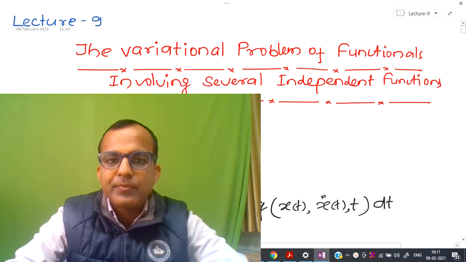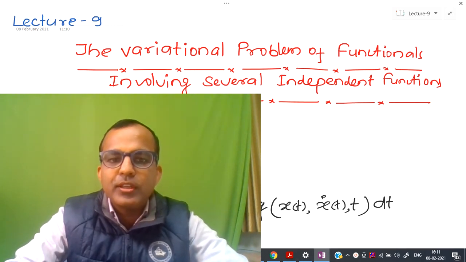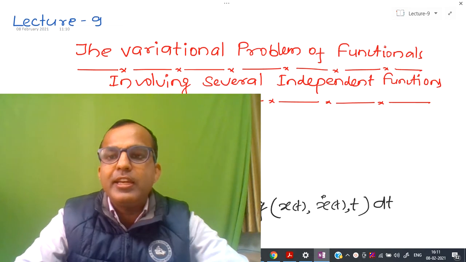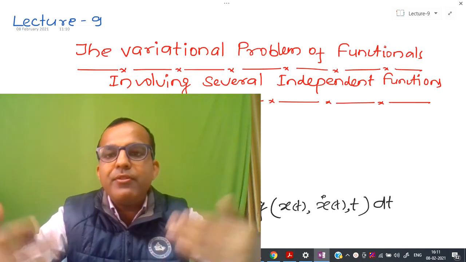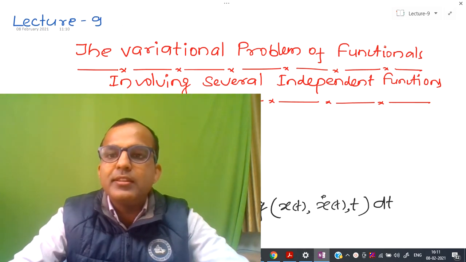Welcome back. In today's lecture, I am going to talk about the variational problem of functionals involving several independent functions. And why are we exploring this part of the calculus of variations?